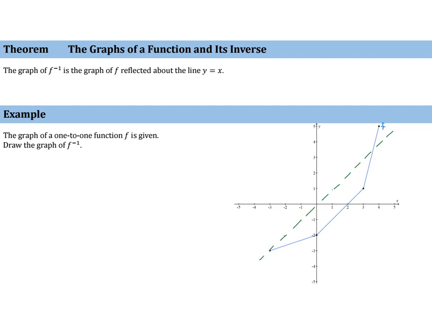Whenever we find f inverse, we are switching x and y. So -3 will stay. 0, -2, let's switch x and y, will become -2, 0. 3, 1 will become 1, 3.